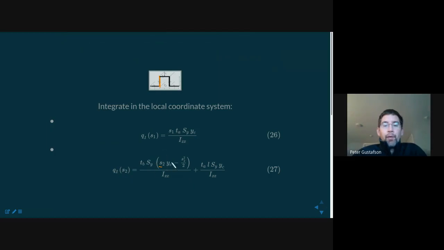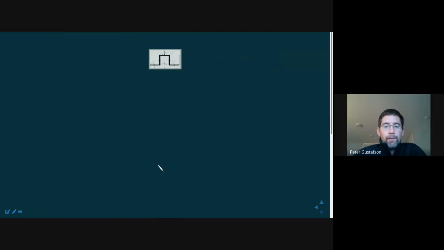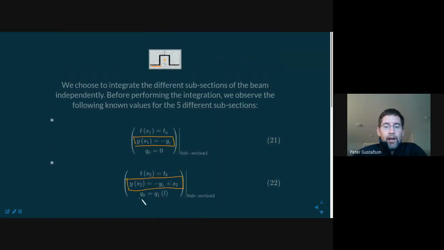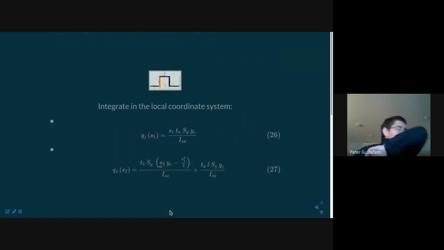And then the other thing that we need to recognize is that in this section 2, the initial value of the constant Q0 for this segment is the value of the function Q1 of S1 at the position S equals L. So as we go back down here, we plug in Q1 of S1, S1 equals L. So we plug in the L there, and then this kind of comes down right here.